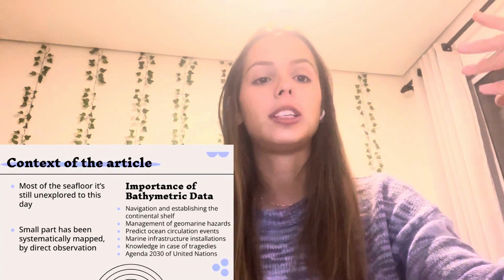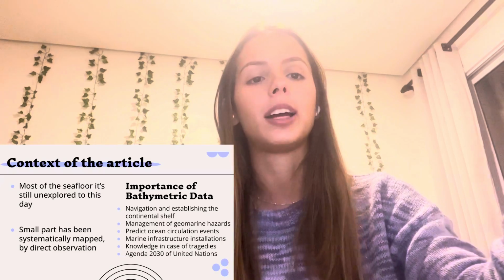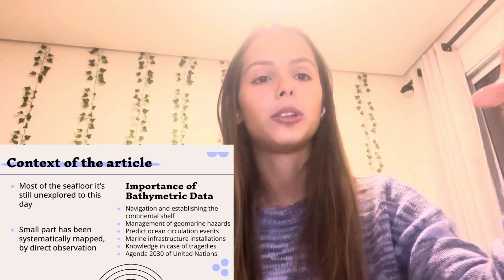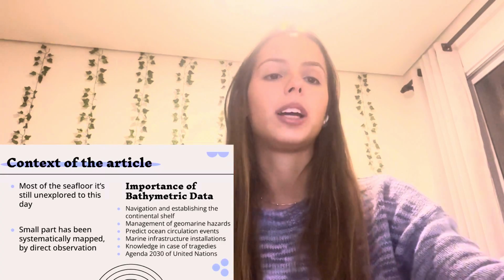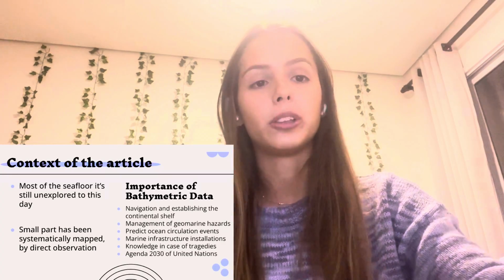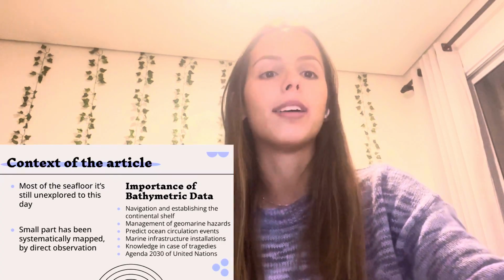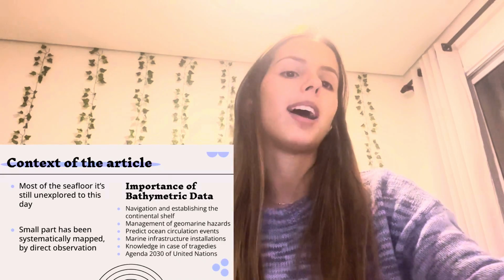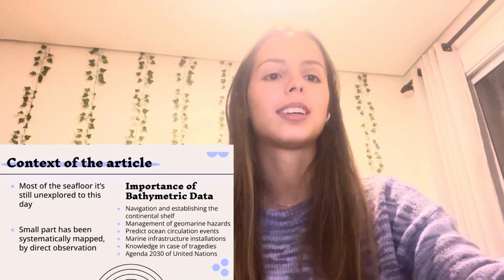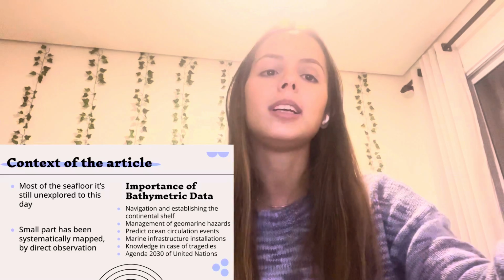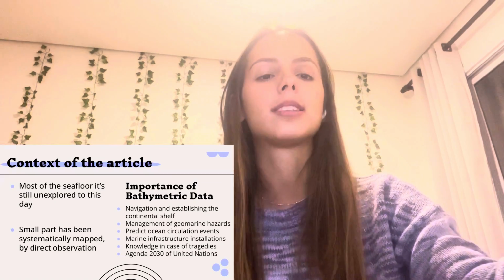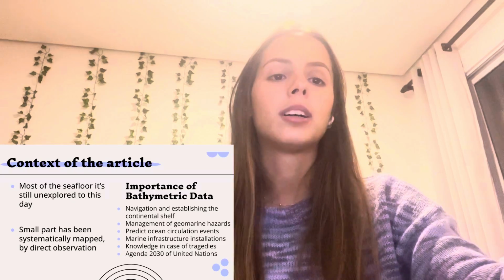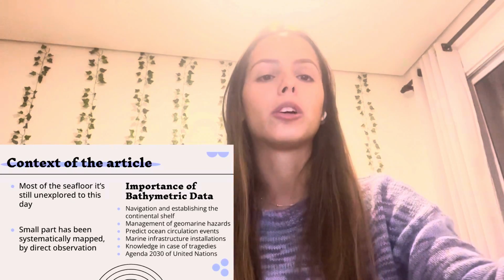Knowledge in case of tragedies, for example, when the Malaysia Airlines flight crashed into the ocean, information about the area was needed so they could send instruments under the water to search, and if you don't have information about that, how can you send an instrument? And the last one is the Agenda 2030 of the United Nations, which has the Life Below Water goal for us to take better care of the ocean.